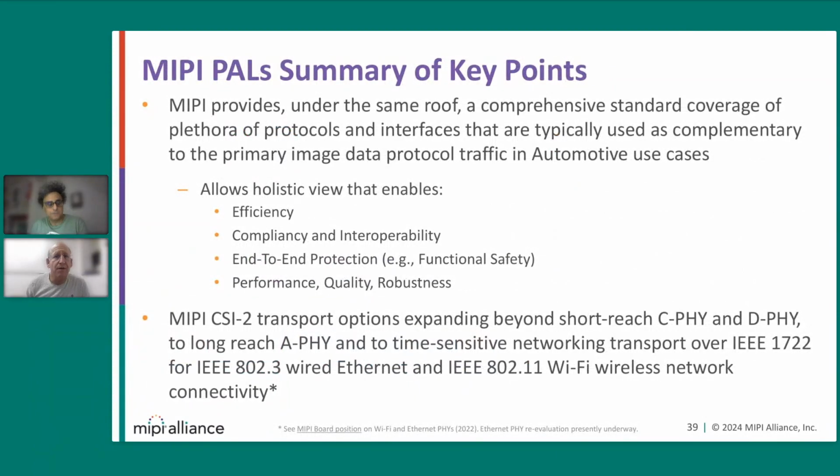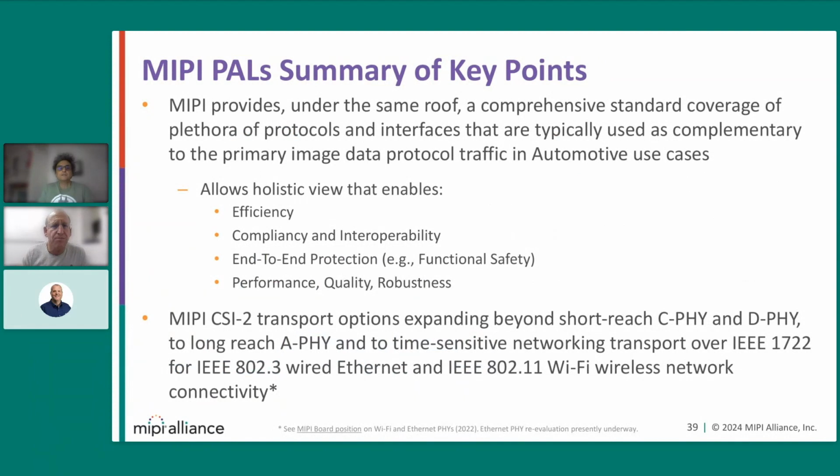Nadav, the summary of key points. So MIPI is providing, under the same roof, comprehensive standard coverage of a plethora of protocols and interfaces that are typically used as complementary to the primary image data protocol traffic in automotive use cases. So again, we mentioned we have CSI and DSI, maybe also DisplayPort, but we have a bunch of other standards and specifications to specify how to carry other protocols for control and management of auxiliary data.